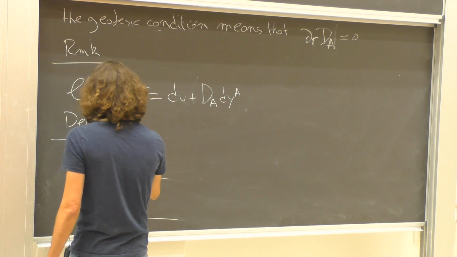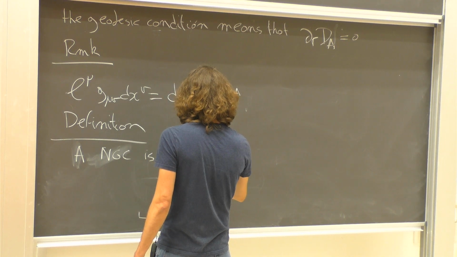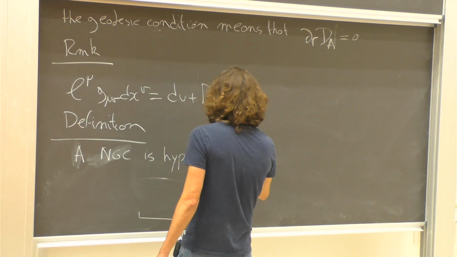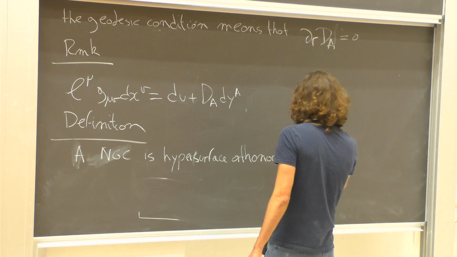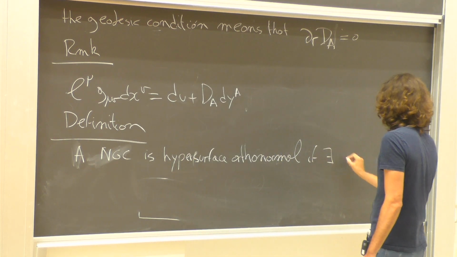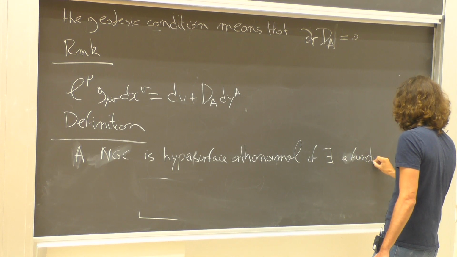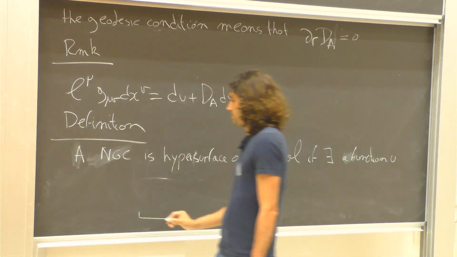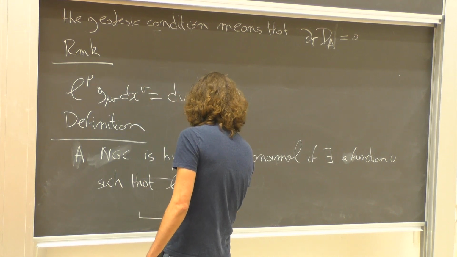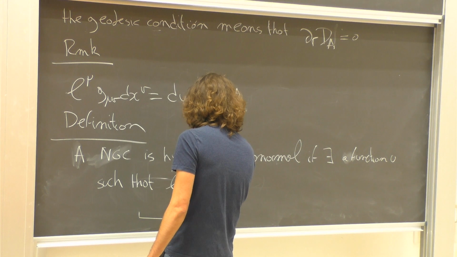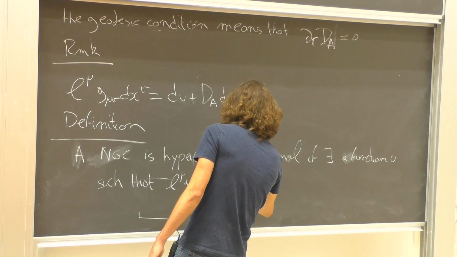A null geodesic congruence is hypersurface orthonormal if there exists a function u such that L_μ = g_μν L^ν equals just du.